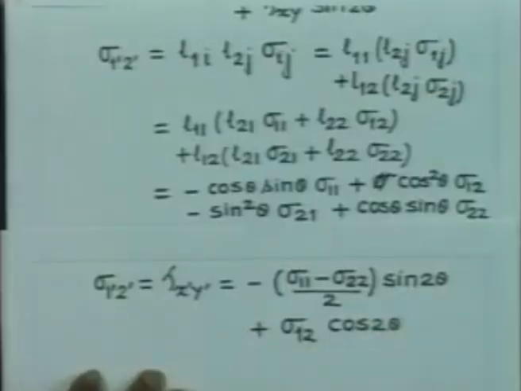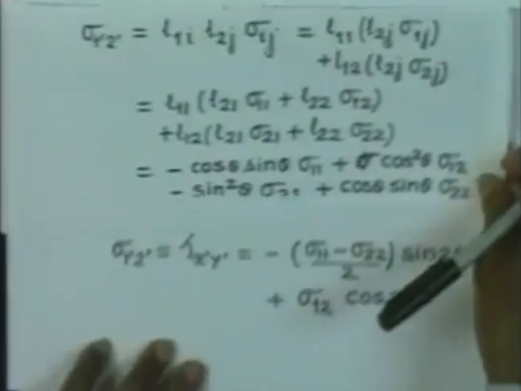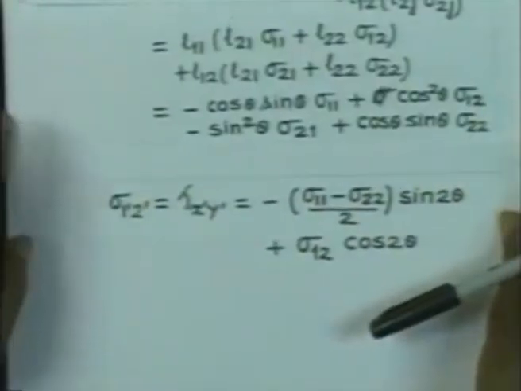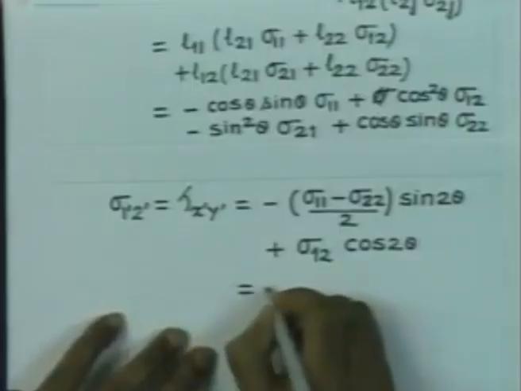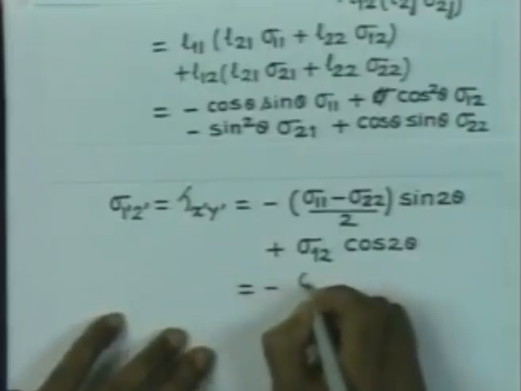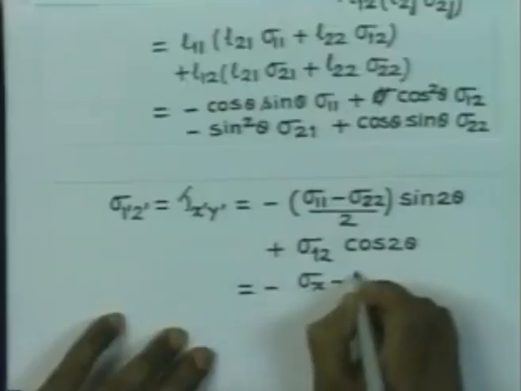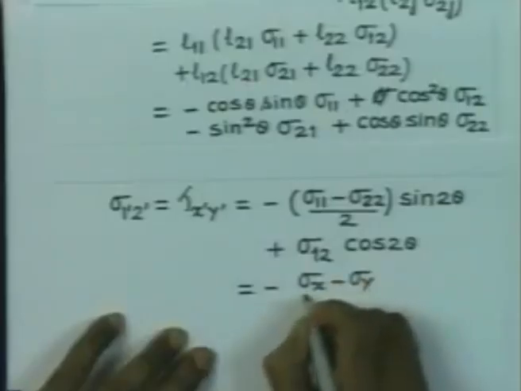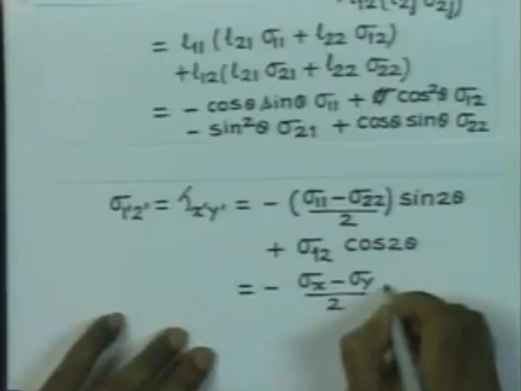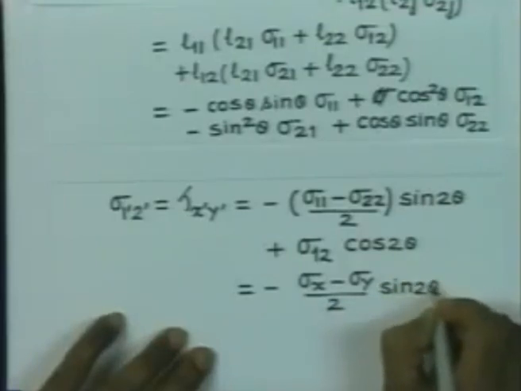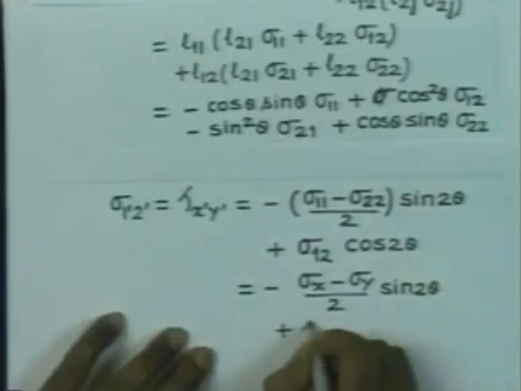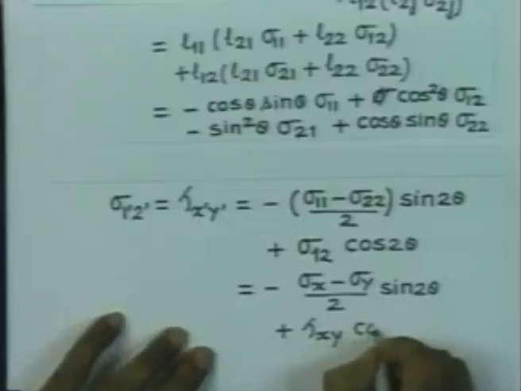So, this is the expression for the shear stress in the new coordinates, and if you want to write in terms of sigma x and sigma y, this is nothing but minus sigma x minus sigma y by 2 sin 2 theta plus tau xy cosine 2 theta.